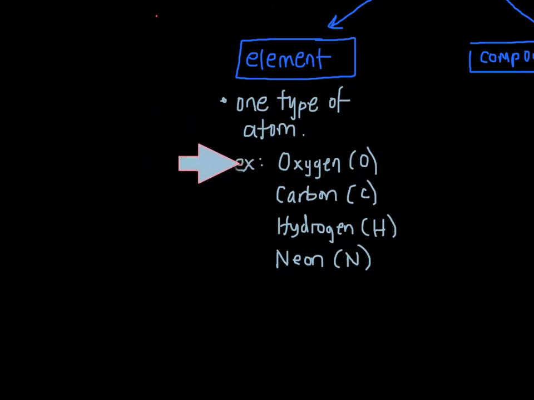You have, for example, oxygen atoms, carbon, hydrogen, or neon. You can find a list of atoms on your periodic table. And you'll notice atoms have both a name and a symbol.